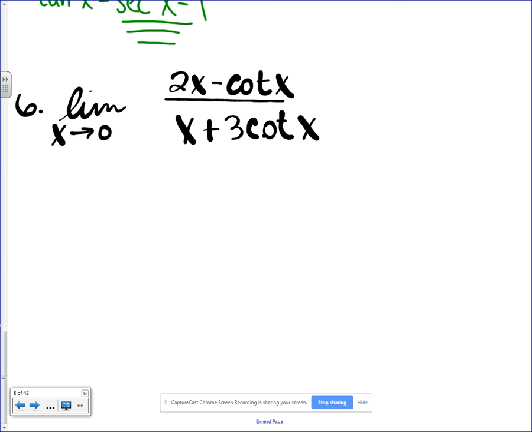Do I have an identity that can relate? Well, there's only cotangents up there, isn't there? And all of those identities that you have, they all have squares in them, don't they? Which I don't have here. So this is where I'd be following Joey's cue from that last problem and turning everything into sines and cosines.